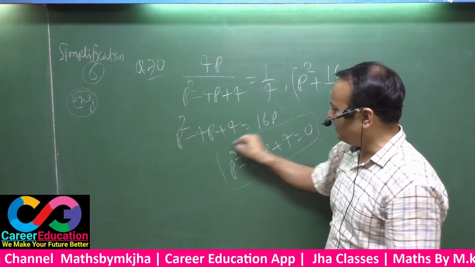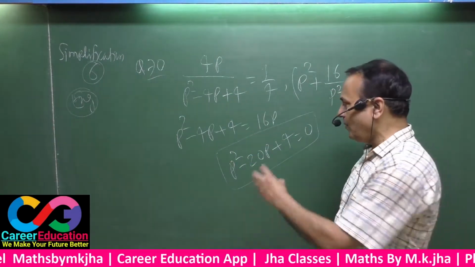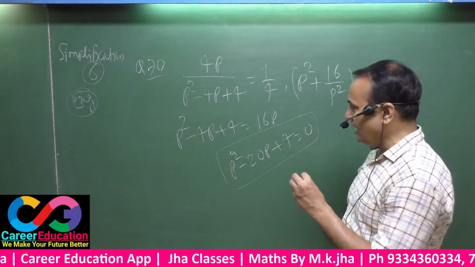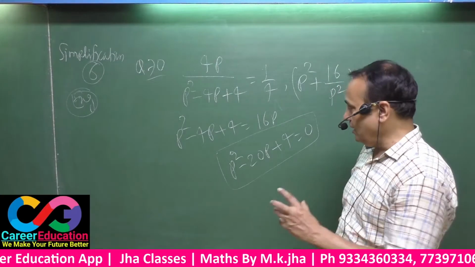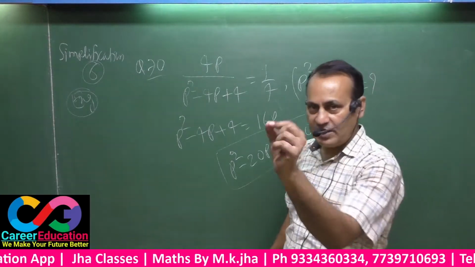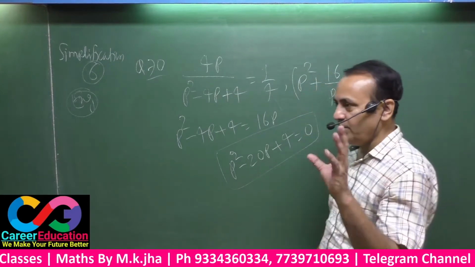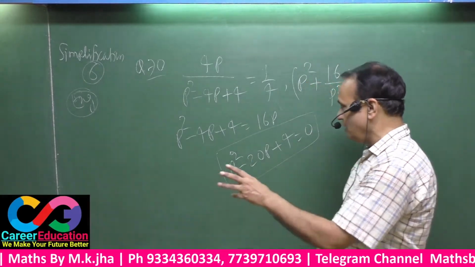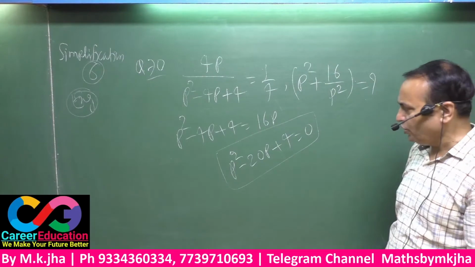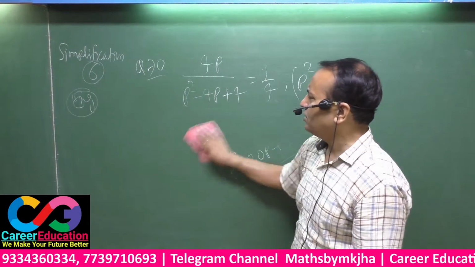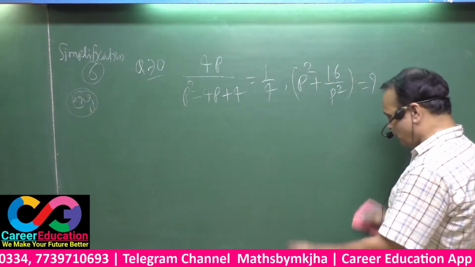Now you are not able to get the value of p from this quadratic equation in a manual way. You would have to use p equals minus b plus minus under root b square minus 4ac by 2a, and the value of p does not come in suitable digits. That means there is no need to apply this method here. I showed you here. Now come to the right approach for this question.